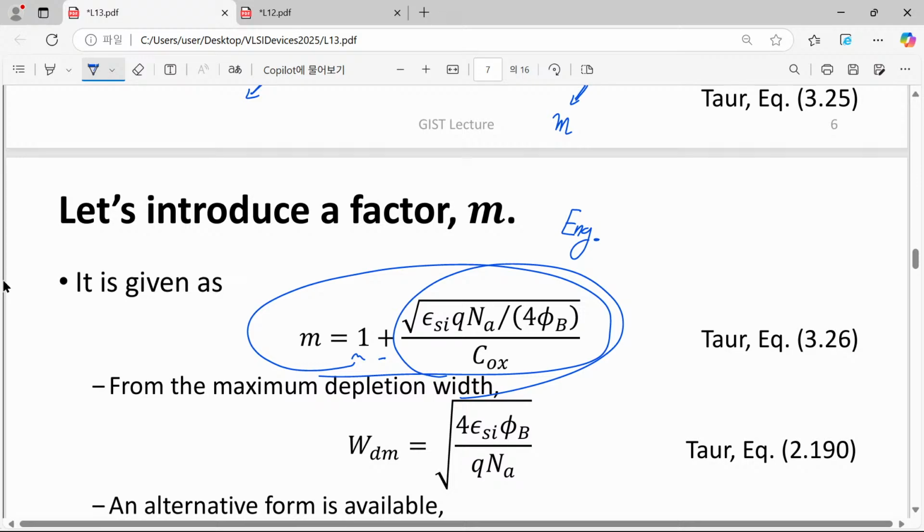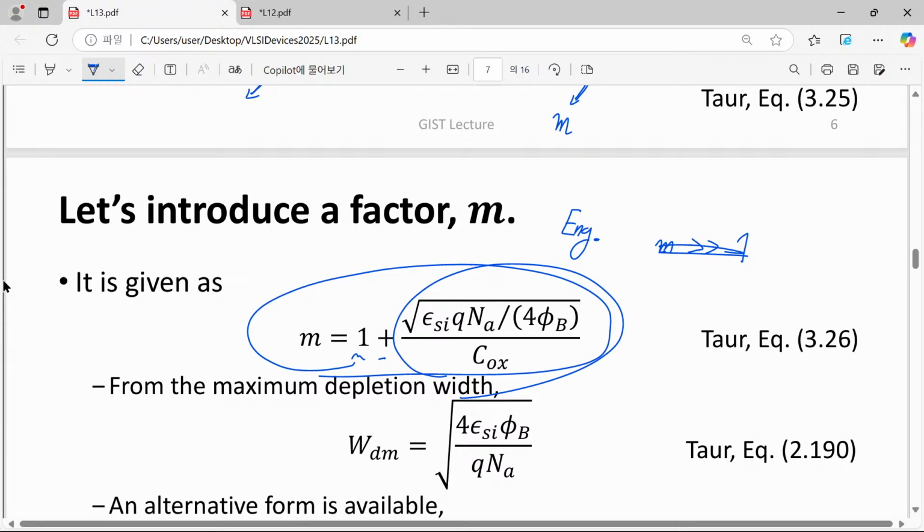So if we have successfully made the technology, then usually m is not that much higher than 1. Of course, if we make a bad device, then we can generate a quite high m value.